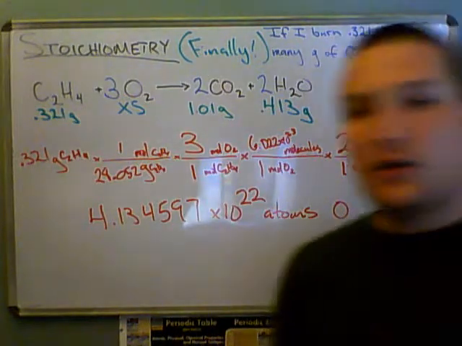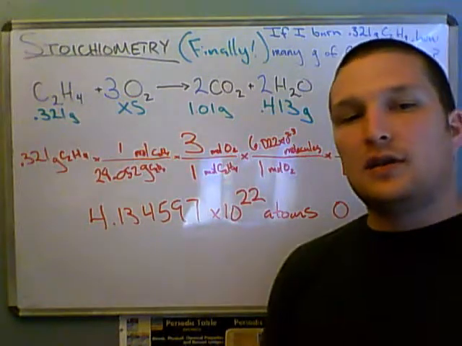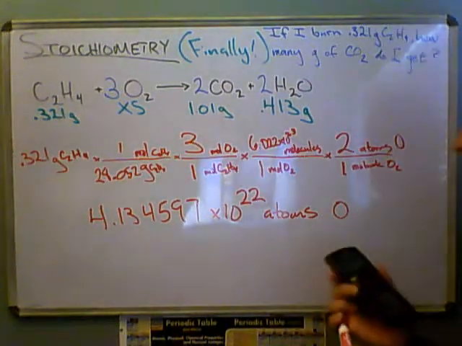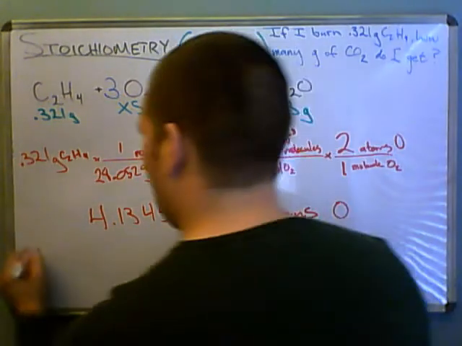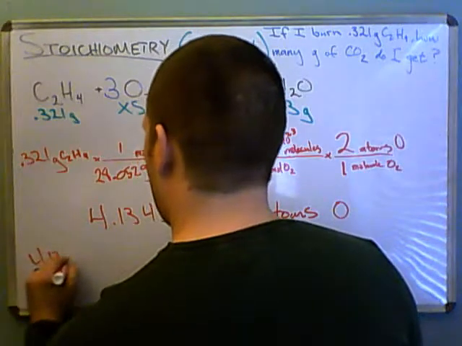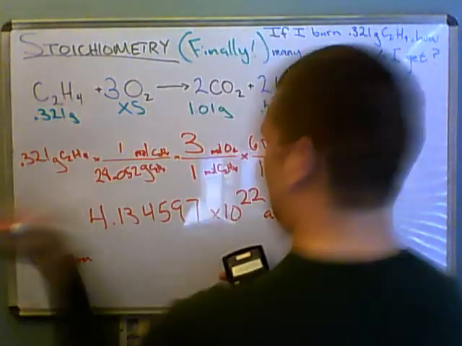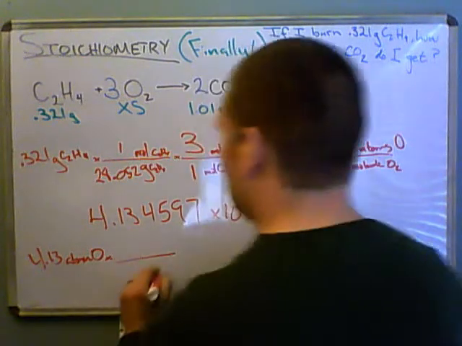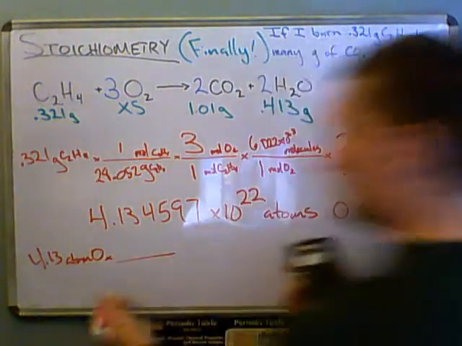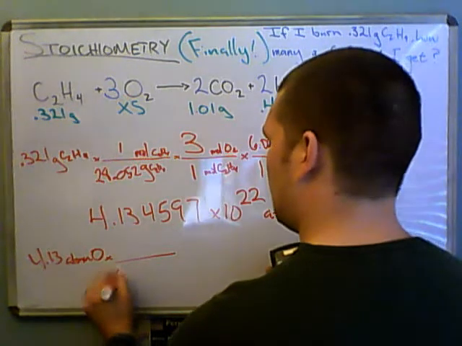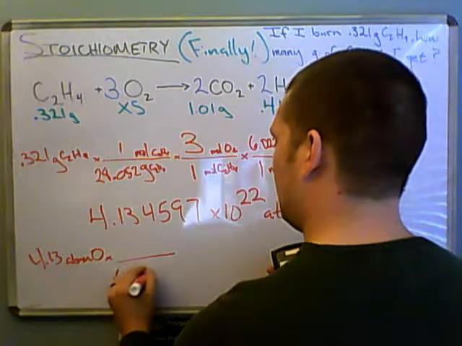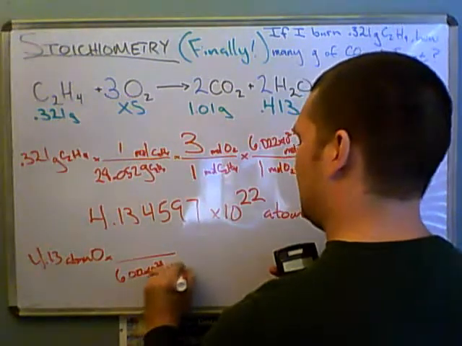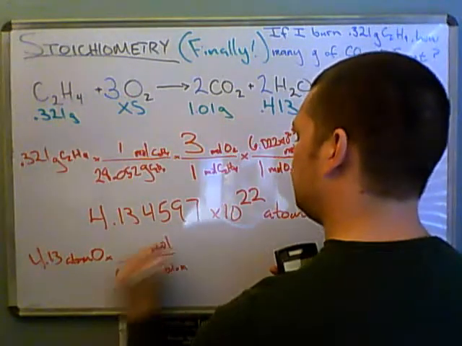Now, just out of curiosity, how much does that many atoms of oxygen weigh? Well, let's see. I'm just going to put 4.13 times 10 to the 22nd atoms of oxygen, times, I need Avogadro's number, right? So 6.022 times 10 to the 23rd atoms in 1 mole.